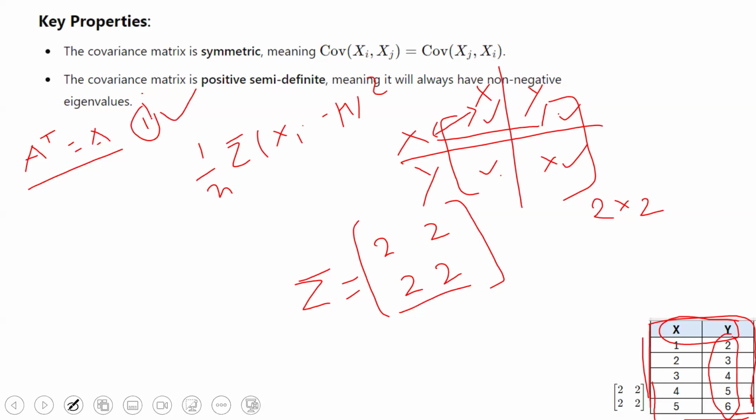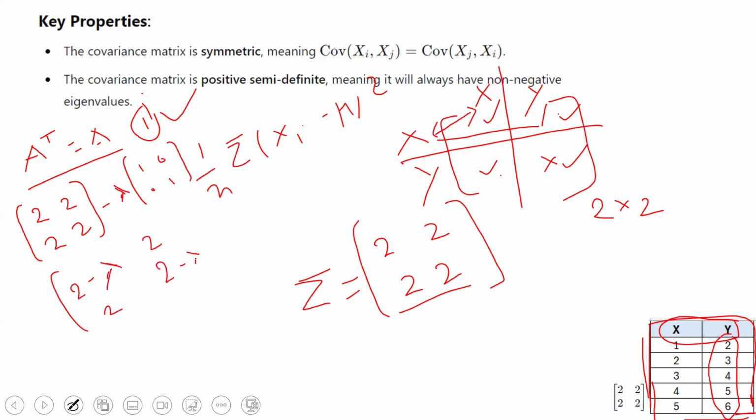The second property is finding the eigenvalues. To find the eigenvalues, I just have to do the determinant of A minus lambda I equal to 0. So this becomes 2 minus lambda, 2, 2, 2 minus lambda. Now this becomes 2 minus lambda whole square minus 4 is equal to 0.